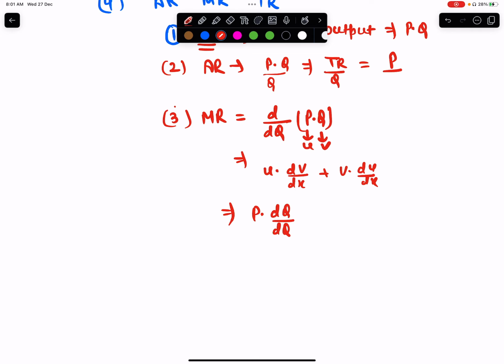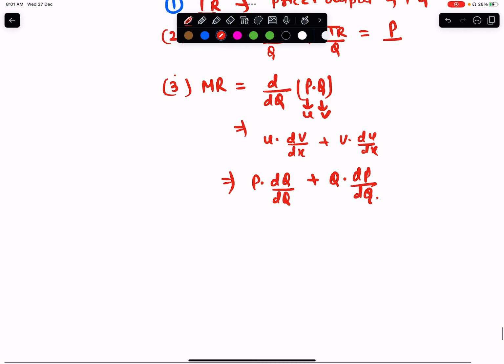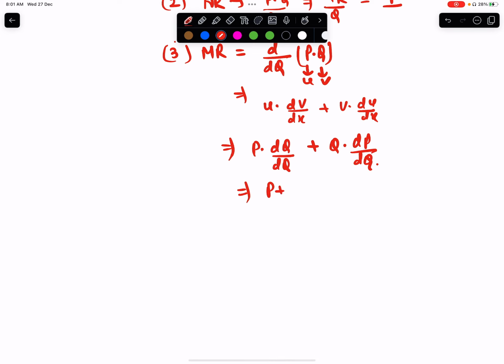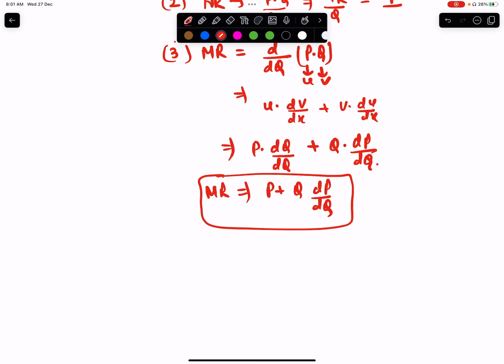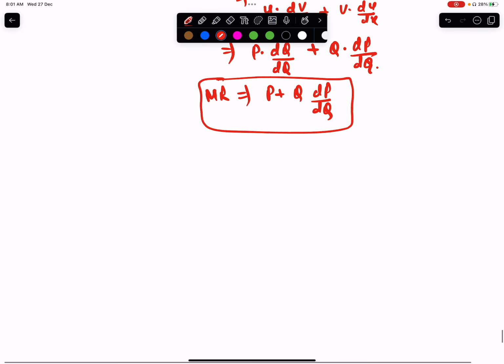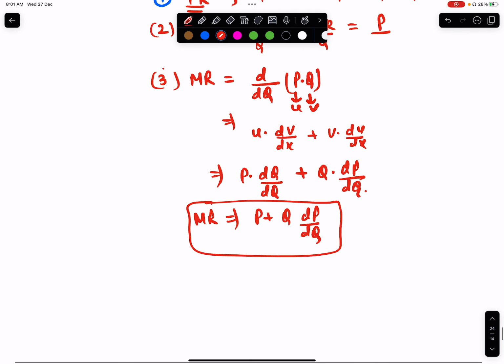We replace x by Q because we are differentiating with respect to Q, plus Q into dP by dQ. So this is P plus Q dP by dQ, our marginal revenue. So these are the three properties: marginal revenue, average revenue, and total revenue. Let's solve these questions further.